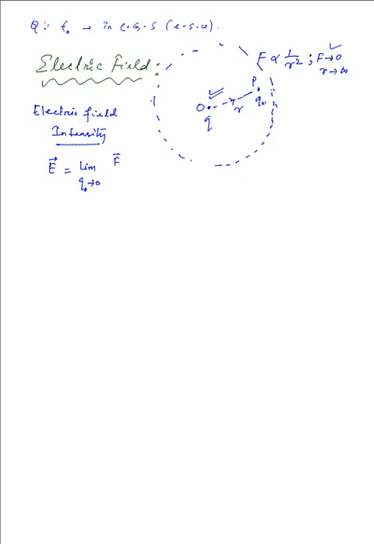the force on any test charge placed at that point per unit test charge. As you can see from the vector notation, the electric field is actually along the direction of the applied force.